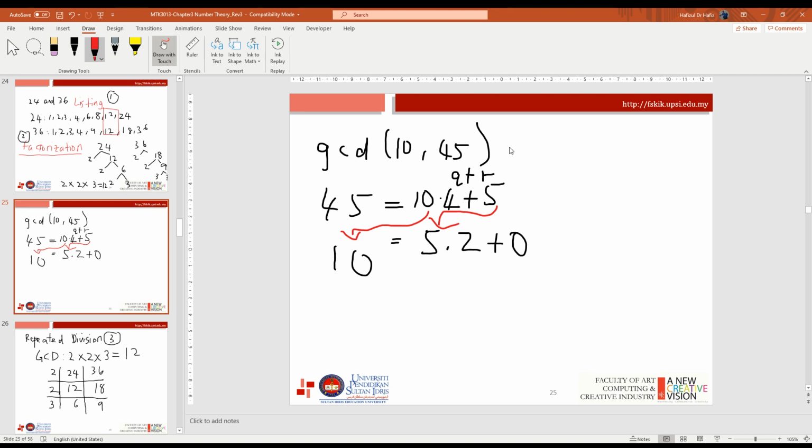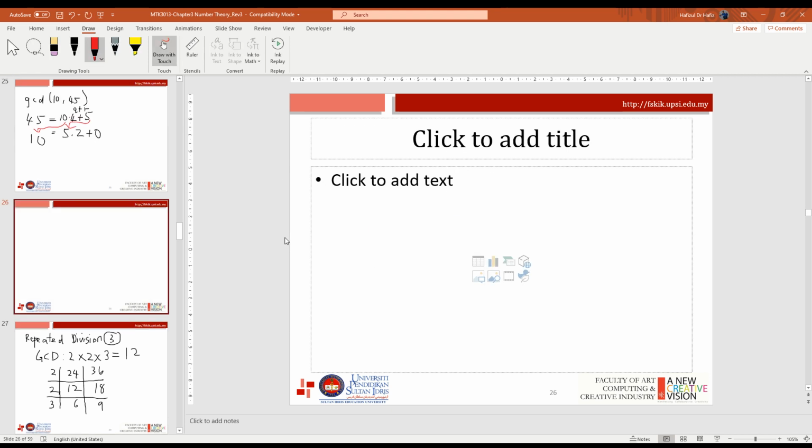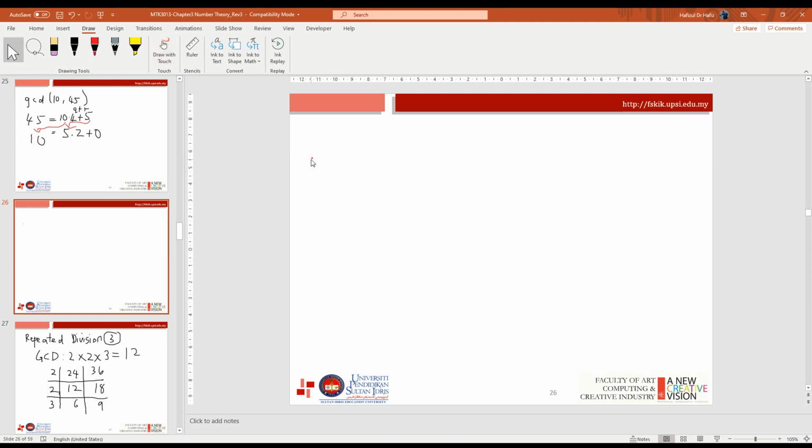Okay, and then let's try a bigger number. We have GCD for 1701 and 3768.